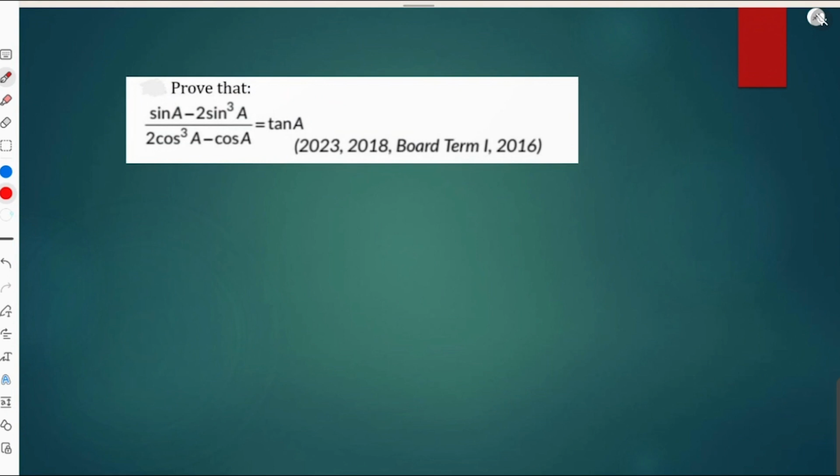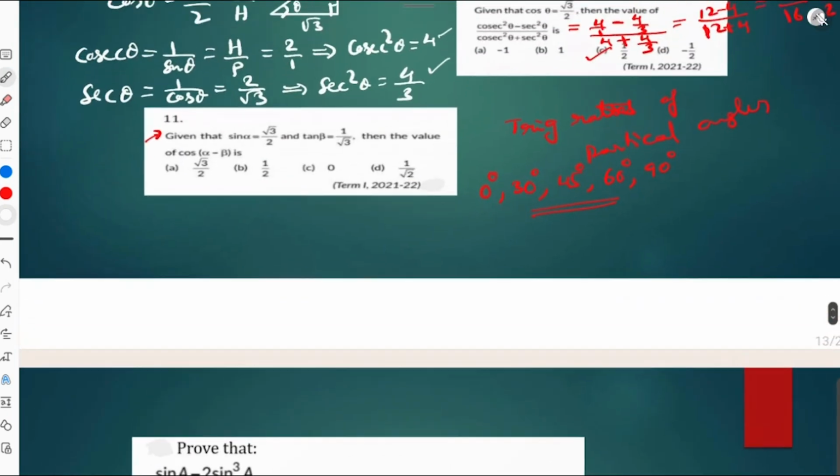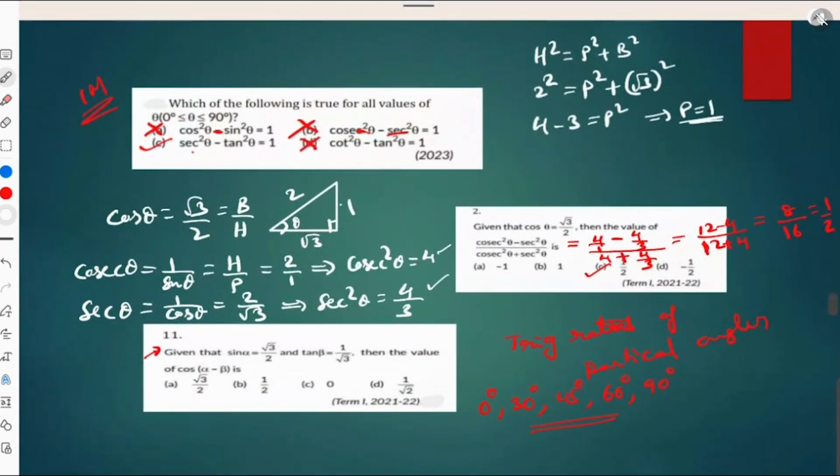Let's see one more question. As we discussed in the previous question, we need to calculate the value if sin alpha is given as root 3 by 2 and tan beta is given as 1 by root 3. So sin alpha equals root 3 by 2.